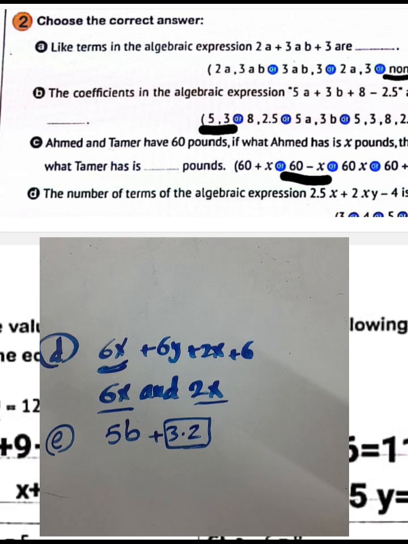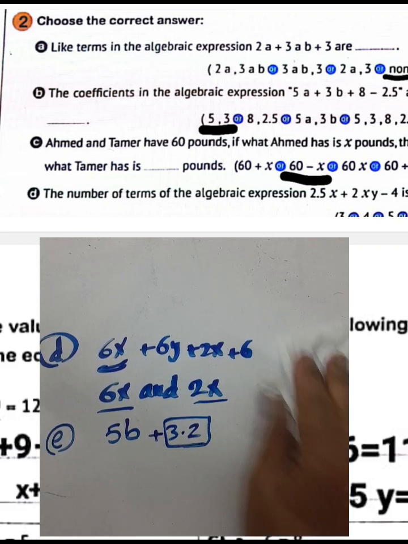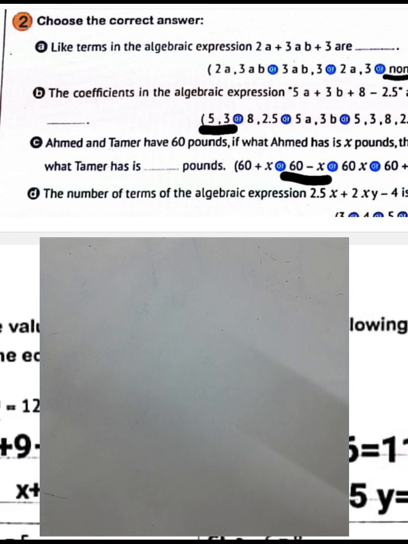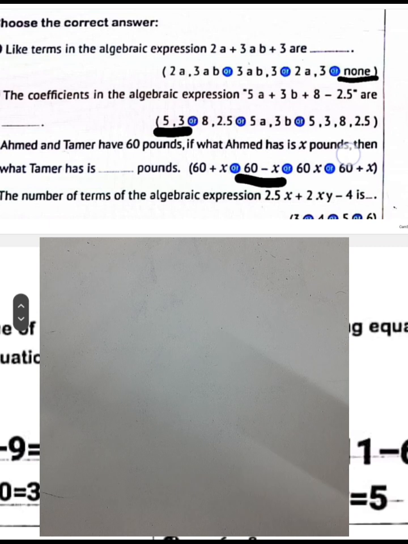Letter A. Like terms in the algebraic expression 2a plus 3ab plus 3: none. We don't have like terms here. It will be none. Letter B. The coefficient in the algebraic expression 5a plus 3b plus 8 subtract 2.5.